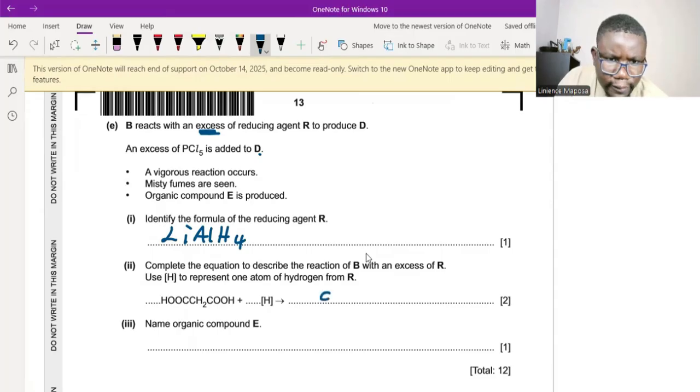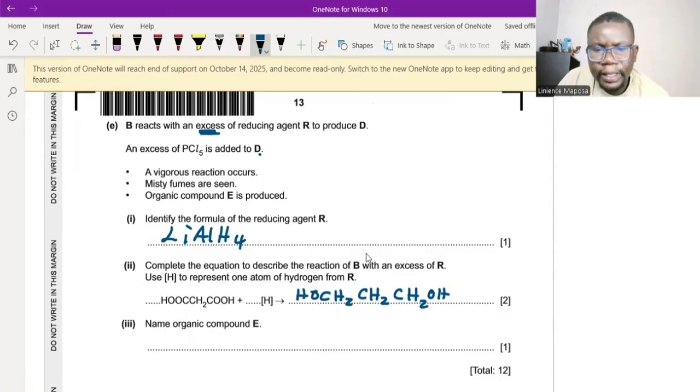So I'm going to say C, and that will be CH2 because it's now a primary alcohol. And this CH2 was present already. And then the other C also becomes CH2. And then I'll have OH, and here also OH. And then we removed oxygens, so we must produce water, I guess.